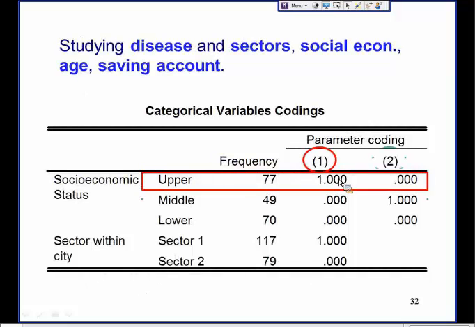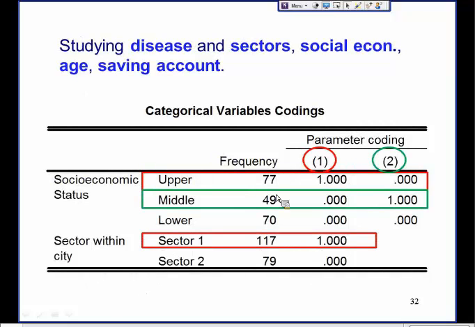And then this is a situation where I include not just one but several variables, and among those variables I have socioeconomic data, which is categorical. So I have to set it up as two indicator variables to represent the 3-category socioeconomic status in the model. This is just showing you how SPSS does it.